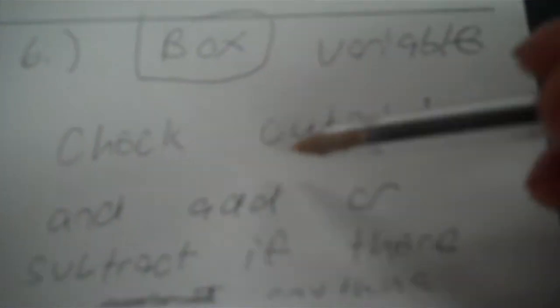Okay, next problem. Circle the equals. Drop it. Cover the variable with a 1. Any minuses? No way. Any parentheses? No way. Box the variable. Now there's a 4 under it, so that also is part of the box. There's only one box, so I go here, check outside, and add or subtract if we have anything.